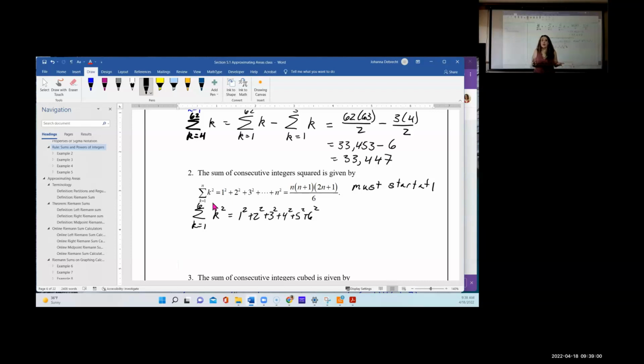All right. But to square them and add them together is kind of a pain because there's a lot of numbers there, and the numbers are going to get larger as I square them. So the formula says take the upper limit of summation, which is 6, multiply it by 1 more, which is 7, then take the upper limit of summation 6, double it, 12, and add 1, 13, and divide that by 6.